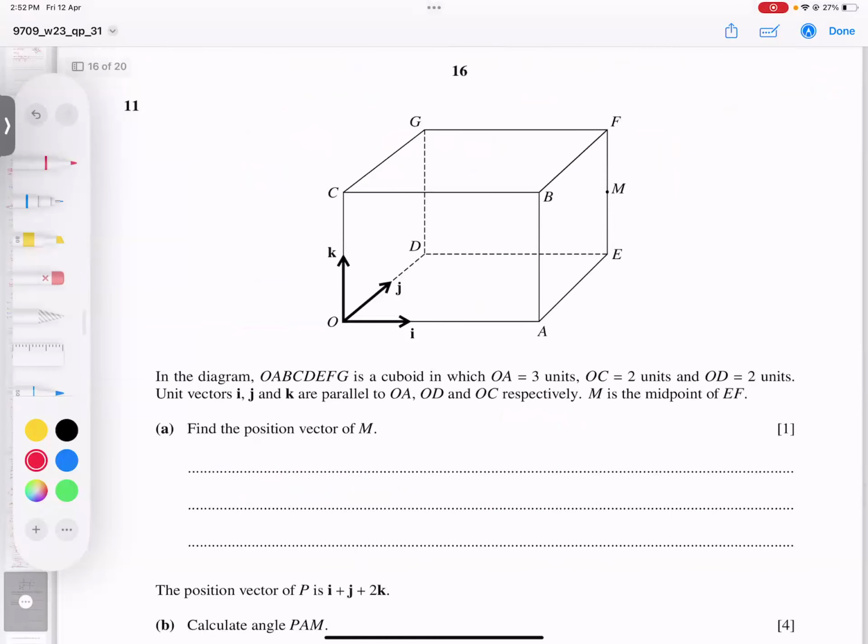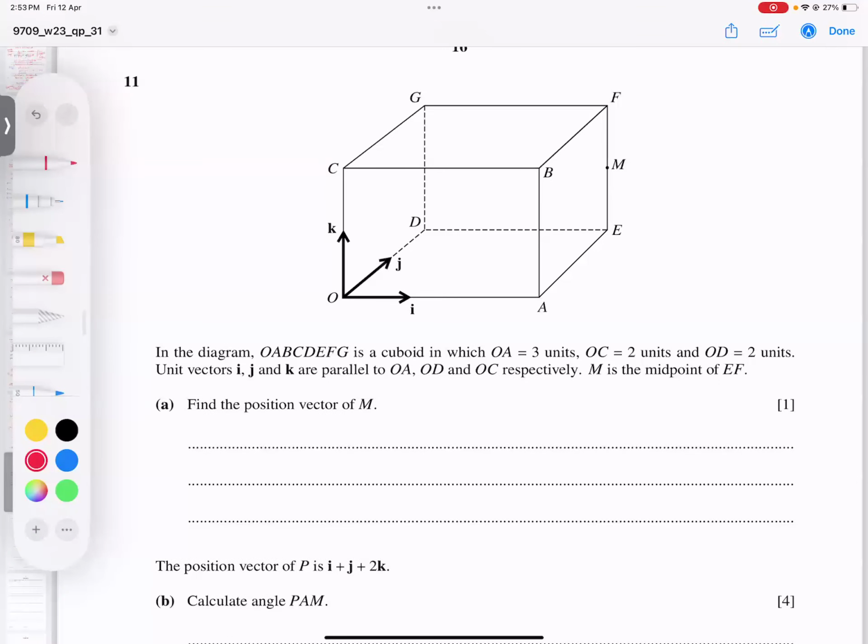Let's go for the next question, number 11, on the topic of vectors. What is the first thing asked? The position vector of M. Whenever a position vector comes, start from O, the origin. So where is M? M is here. If you read the question carefully, OA is 3 units from here to here, given by him.